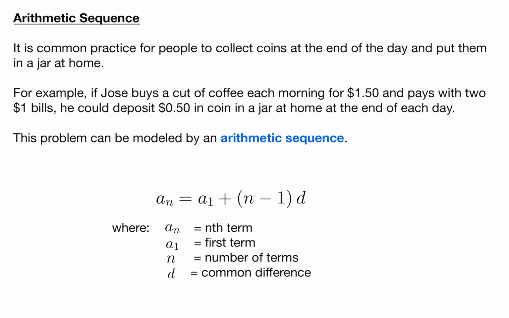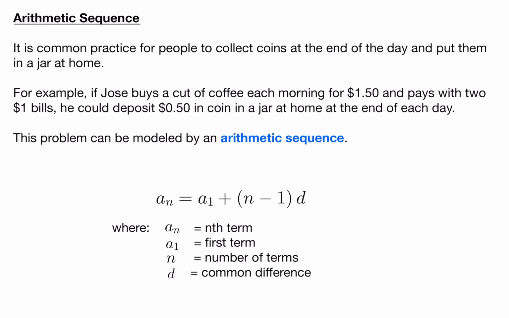The example here is Jose typically buys a cup of coffee for $1.50 each morning. He pays for it with $2, but he takes the 50 cents left over and puts it in a jar at home at the end of each day. Sort of his way of saving up the difference.